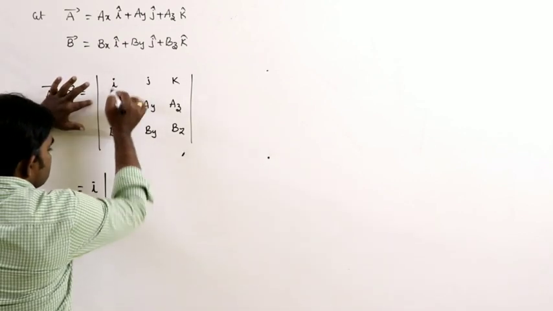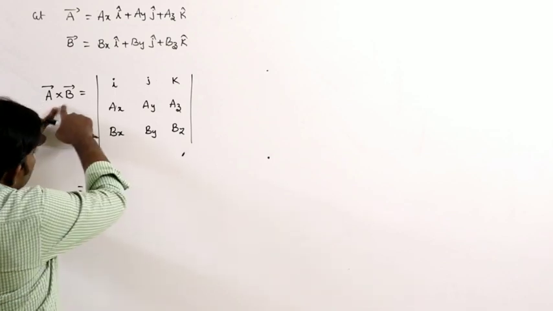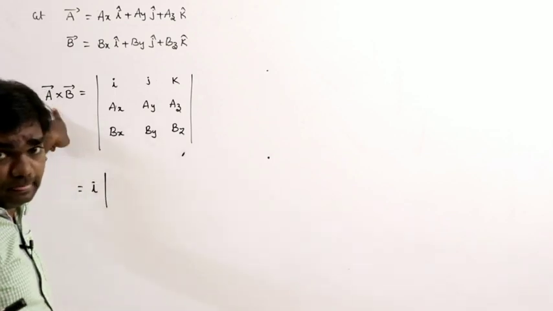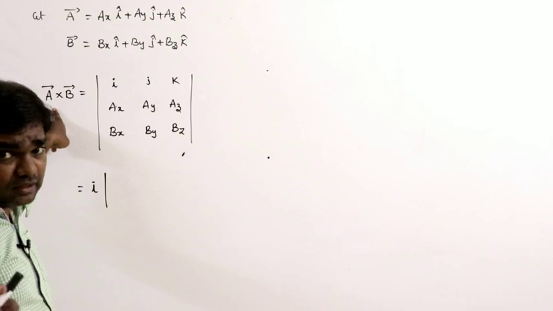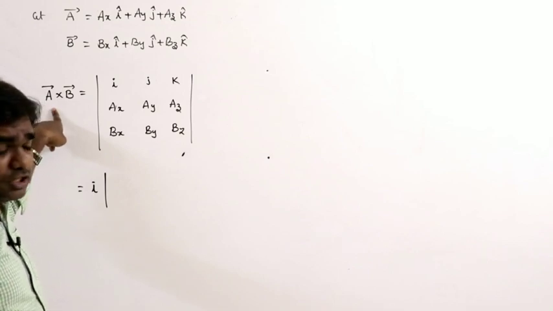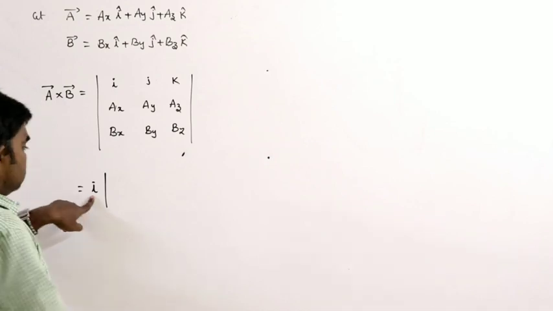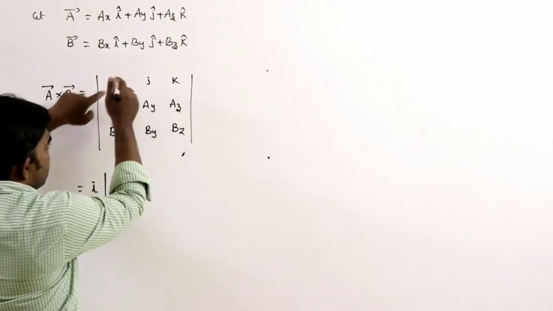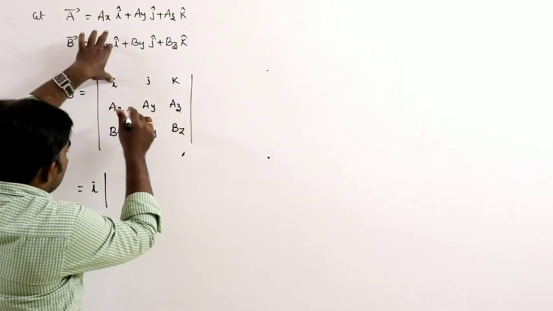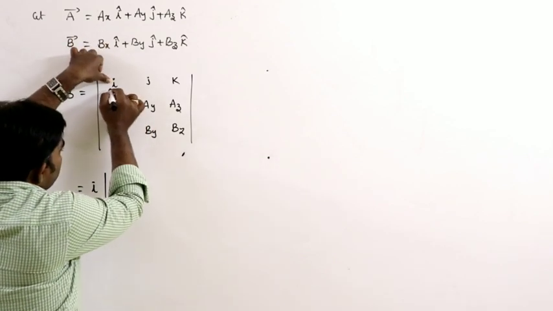So forget about this. What do we have to write first? The resultant is a vector quantity. The product of two vectors is a vector. It must have both magnitude and direction. So first we are doing the magnitude. So that is I into the multiple of I. We have to write the multiple of I.